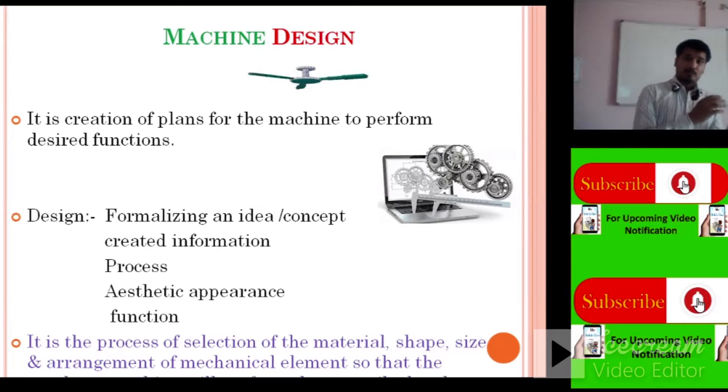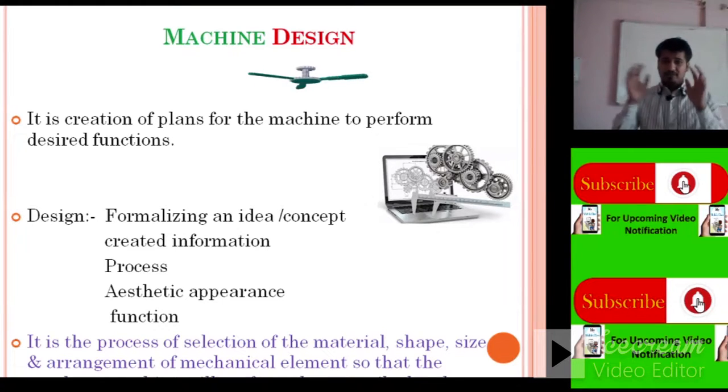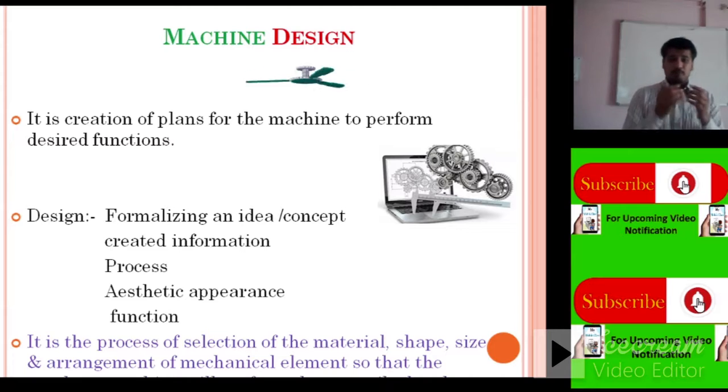What we have already discussed in machine is the combination of linkages, motion and work. With that we again add one point here, that is the selection of material, shape and size. When we add all these parameters for performing a desired task, this is known as machine design.